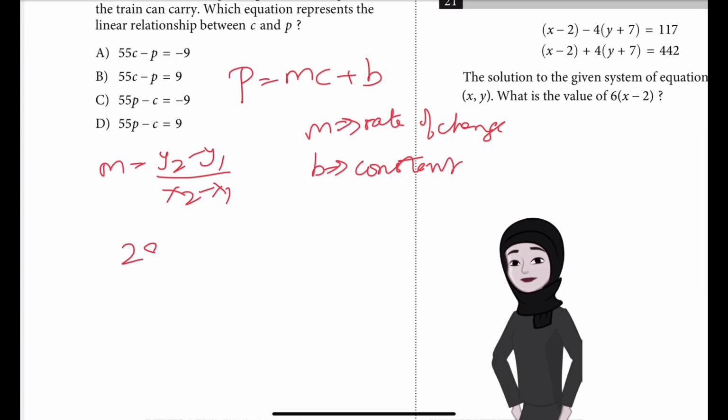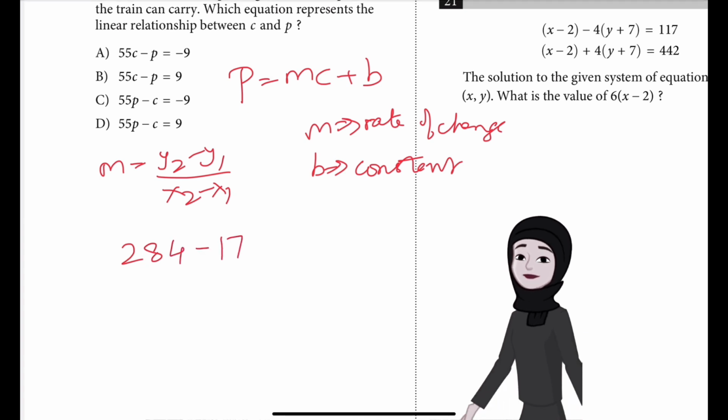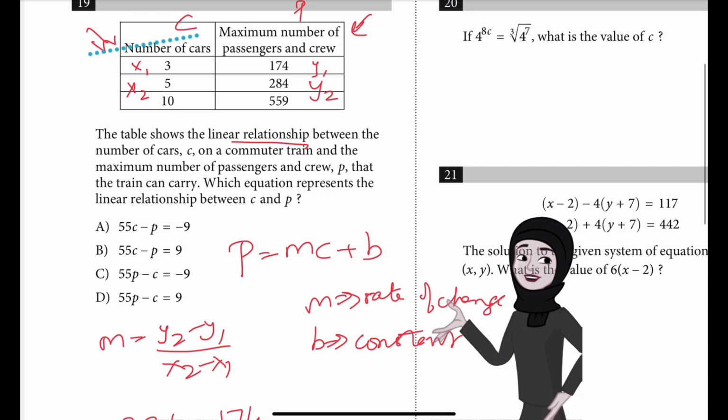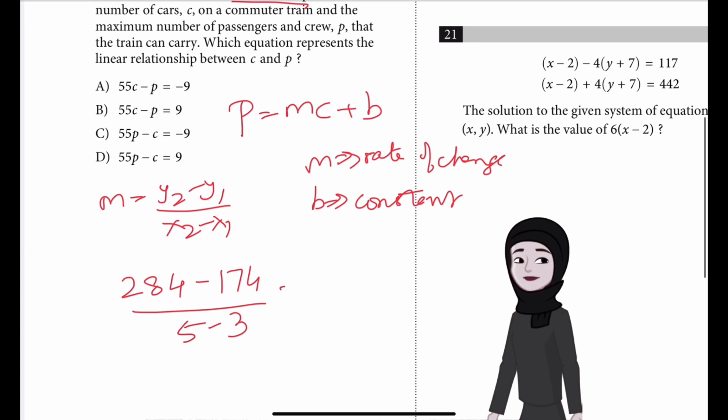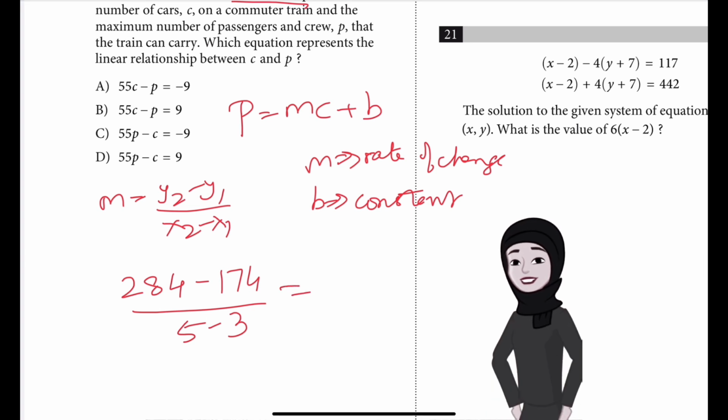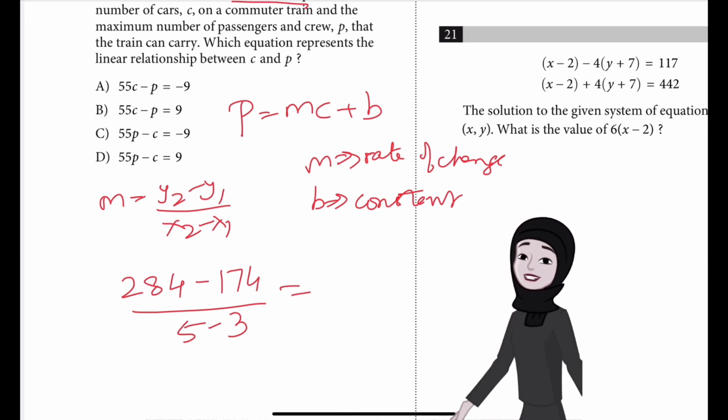So what will we get? So we will have 284 minus 174 divided by 5 minus 3. So this minus this divided by 5 minus 3. So what we will get?